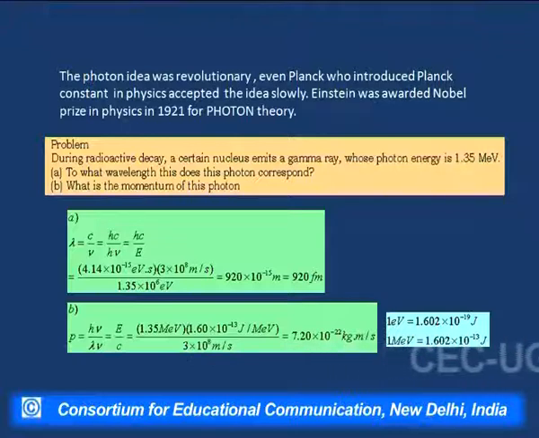Now, there is a small problem here, and we will try to calculate the wavelength and momentum. During a radioactive decay, a certain nucleus emits a gamma ray whose photon energy is 1.35 MeV.